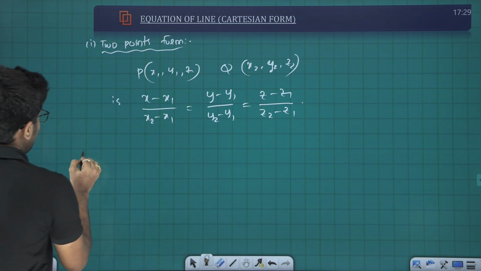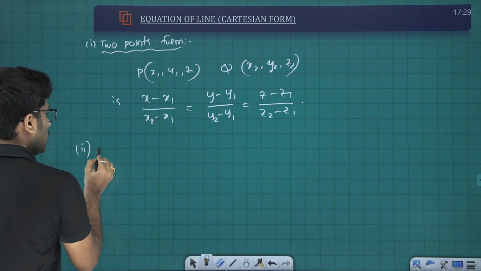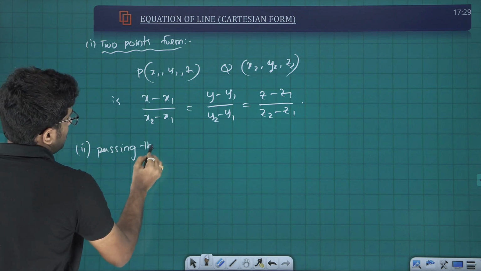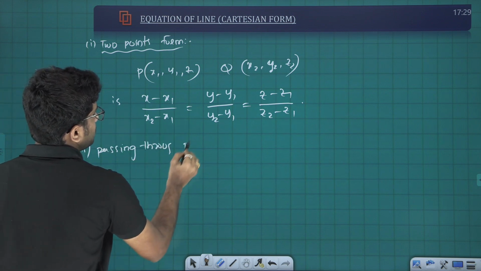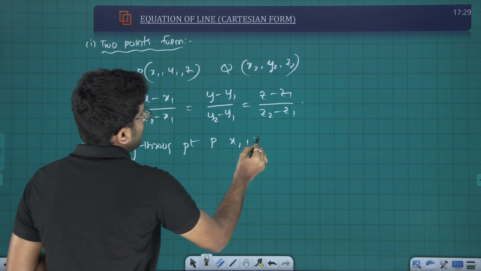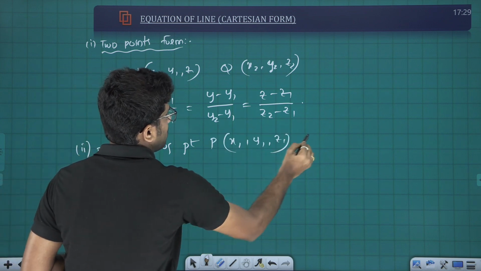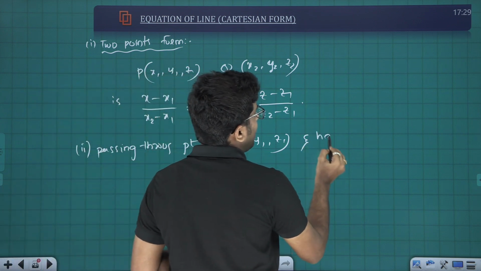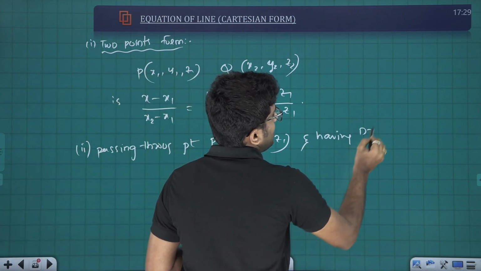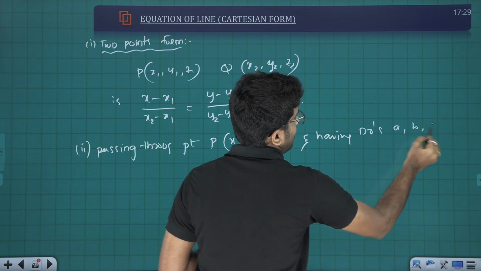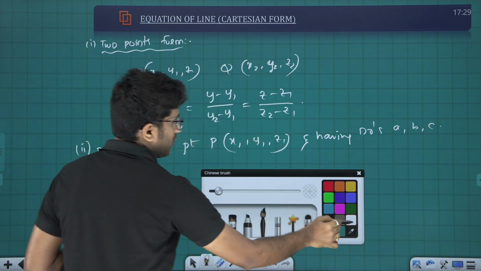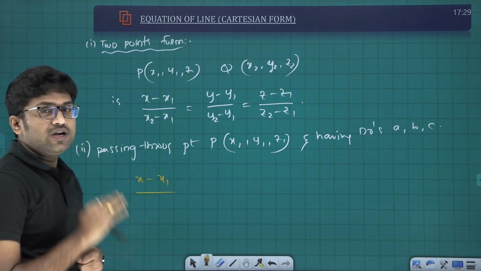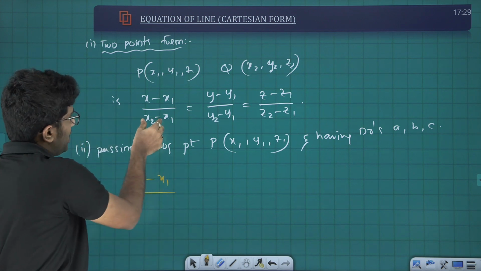Okay. Next, number 2 is passing through a point P of x1, y1, z1. In the previous case they have given 2 points; here they have given parallel, that means they have given DRs, some a, b, c. The required equation of line is, see, friends, x minus x1. Numerators will be the same, only denominators change.